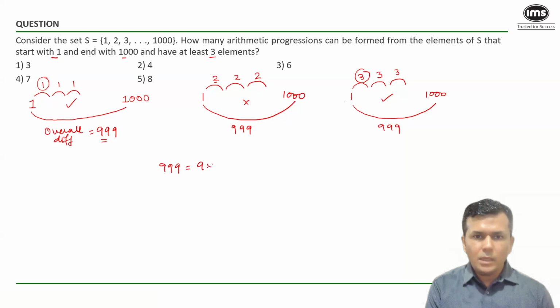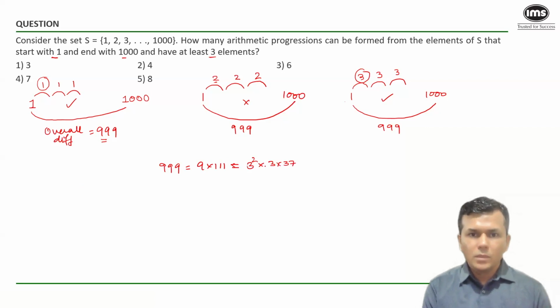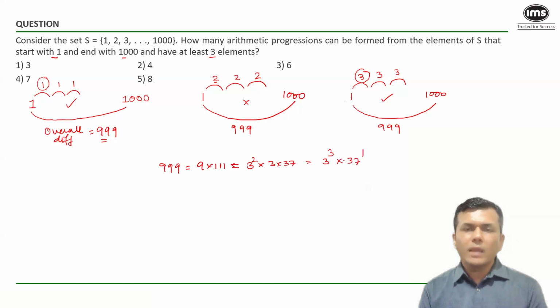This can be written as 9 into 111, which is 3 square into 3 into 37. 111 is 3 times 37. So finally, we have the factorization as 3 cube into 37 raised to 1. Looking at this prime factorization, how do we get the number of factors? Number of factors is, obviously we know, power plus 1, isn't it?